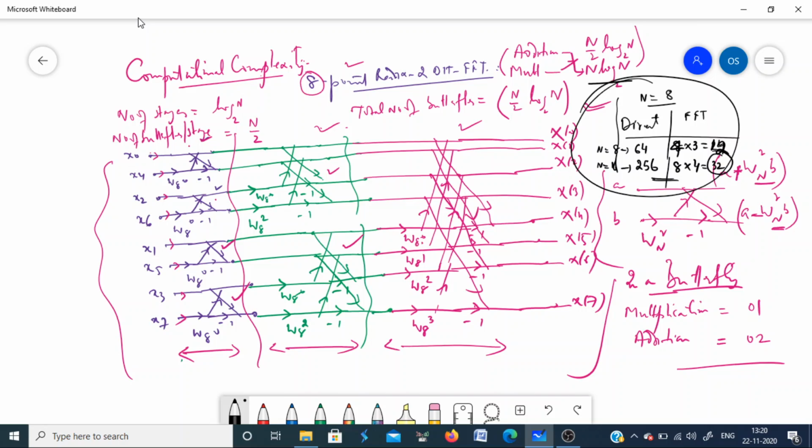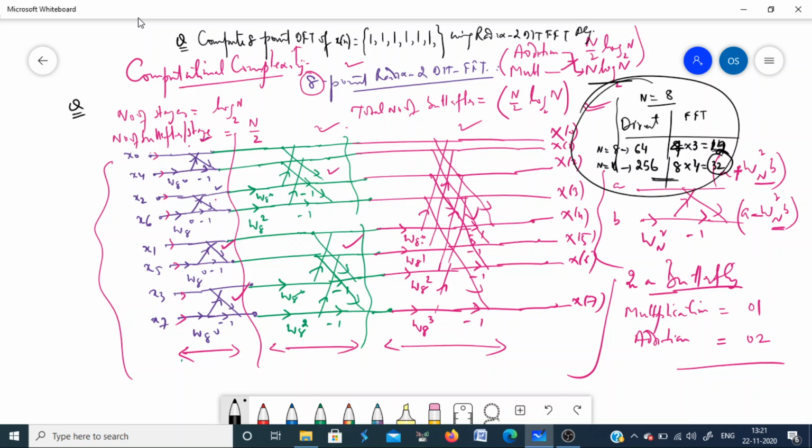So I will give a question for you. The question is: compute the 8-point DFT of a sequence x(n), which is given by 1 1 1 1 1 1, using the radix 2 decimation in time FFT algorithm.